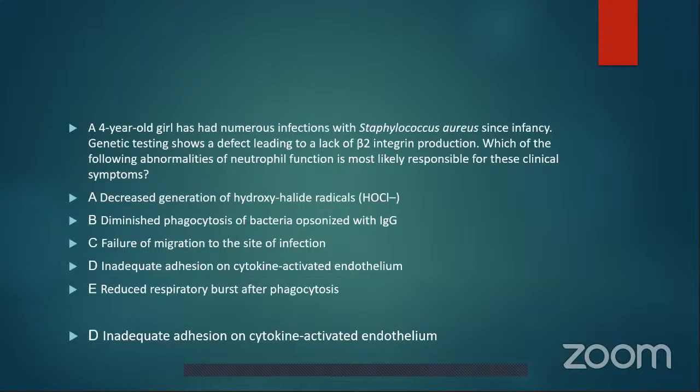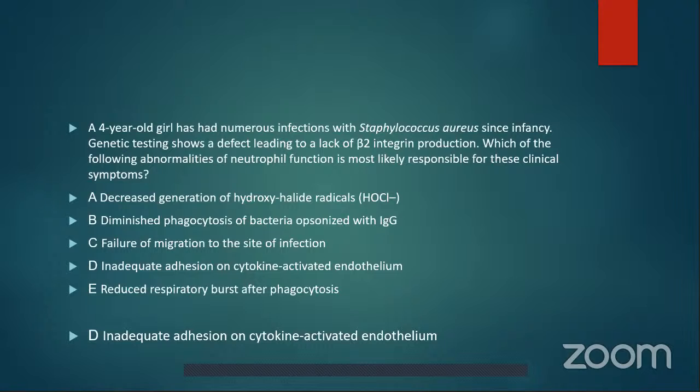So this is the recap which we did in the first 5 minutes of the session, and the details of this was in last class, right? So it's because of inadequate adhesion on cytokine activated endothelium. So integrins are very important for the leukocytes to bind to the endothelium. From there they will have to sequester out and move towards the site of tissue injury.